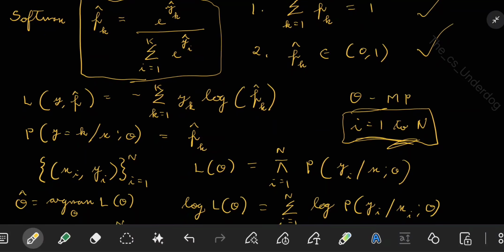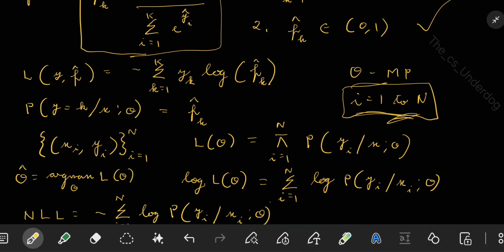Then we told that this is the loss function, minus sigma k equal to 1 to k yk into log pk cap. Though we want to find out the right values of theta, maximum likelihood estimate. For that, what should be the loss function? Whichever maximizes the chance of this probability, the kth class, whichever is the class belonging to the right label, the probability of that should be maximized.